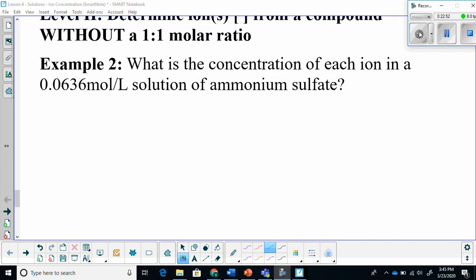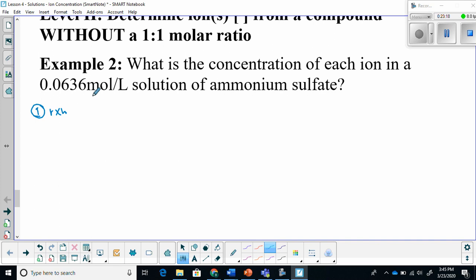Okay, so let's do another example. This one is asking us what is the concentration of each ion in a 0.0636 mole per liter solution of ammonium sulfate. Let's recap those steps. First thing that we need to do is write a balanced reaction. So first step is a balanced reaction.